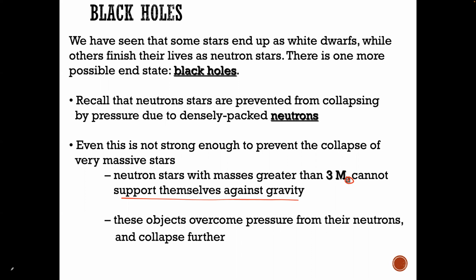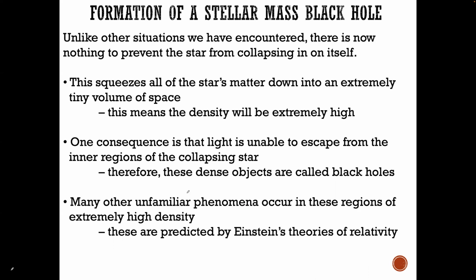It can be stopped only if the mass of the neutron star is less than 3 solar masses, and this is where you have neutron stars. Now the condition is that if the mass of the neutron star is roughly greater than 3 solar masses, there is no way to support against the gravitational collapse. So these objects will overcome the neutron degenerate pressure and will collapse further.